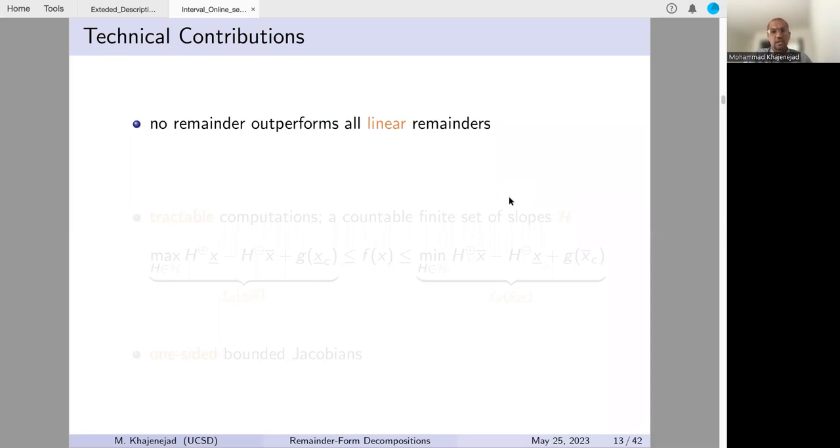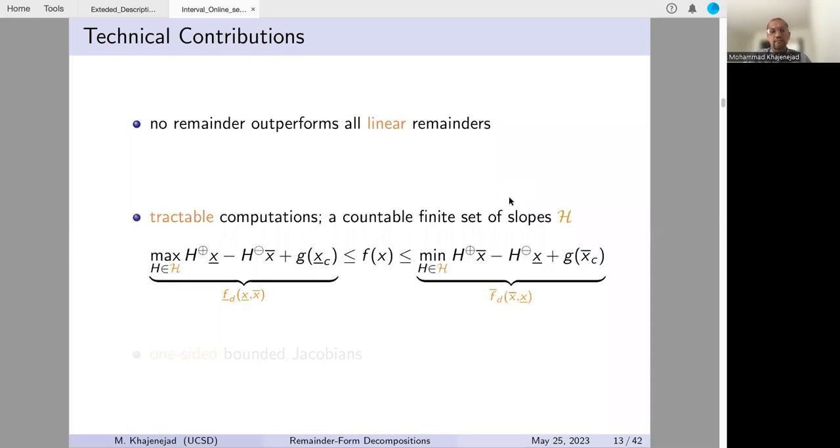The other question that you might ask is, okay, we had multiple ways of choosing these linear remainders, and actually there are an infinite number of them. Is it computationally tractable? And the answer is yes, because we again showed that there is only a countable finite set of slopes that we need to search over to capture all possible cases.